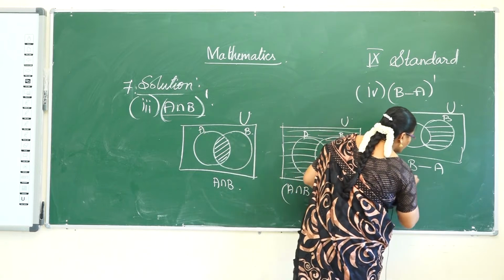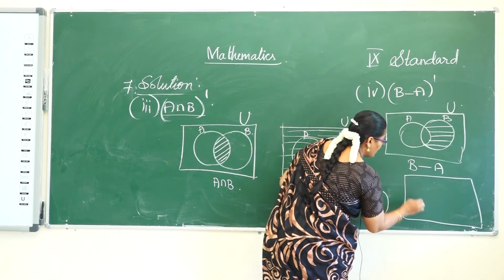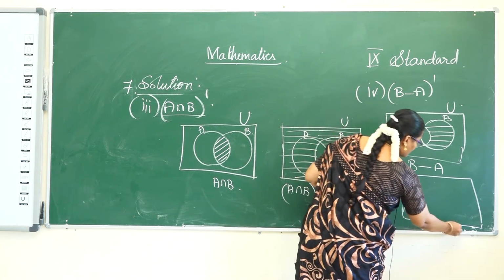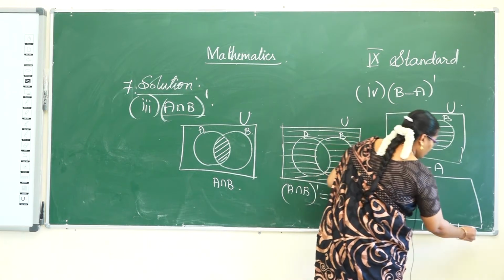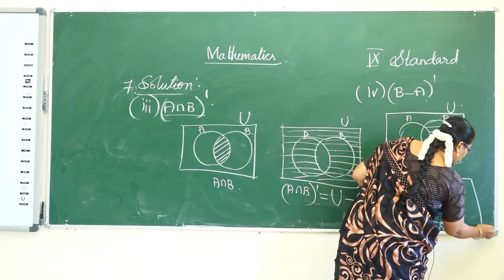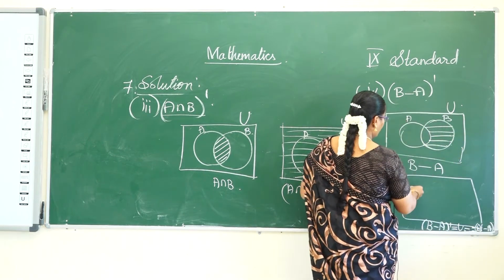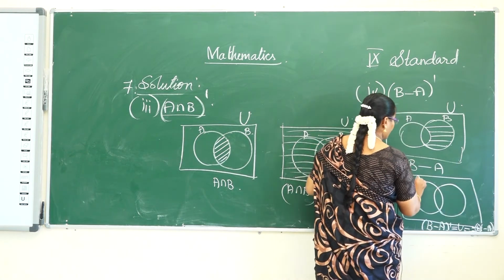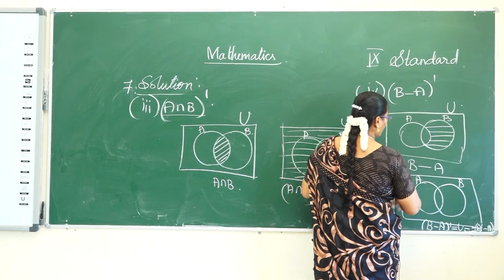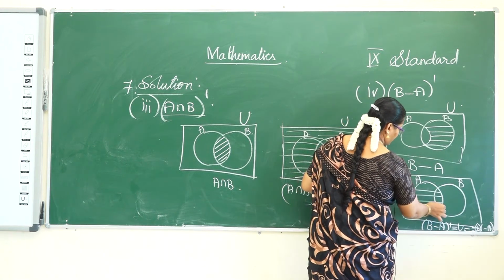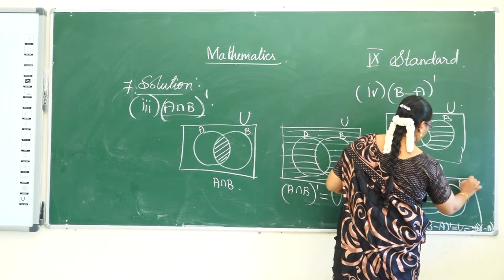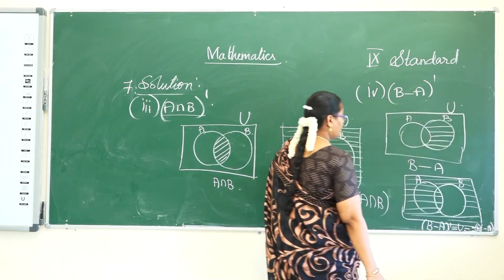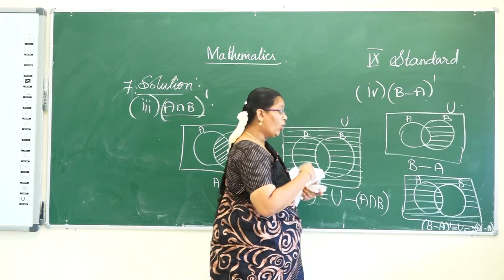So draw the universal set minus B difference A, that is, U difference of B minus A. Except this portion, what else remains? That is B difference A whole complement.